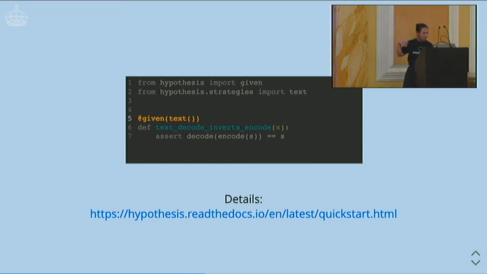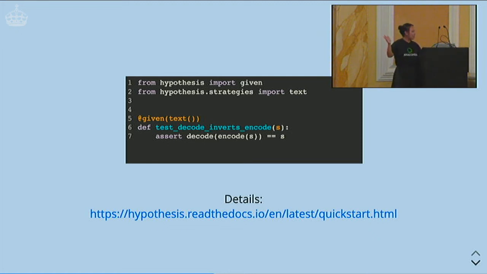And I used the decorator. This is how a decorator looks if you haven't used one before: with the at sign, then the name, and sometimes you have input for the decorator, just like that. So we use the given decorator and put the strategy there, and then this is how the whole test looks.